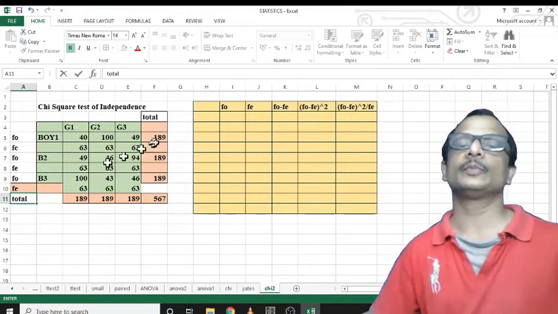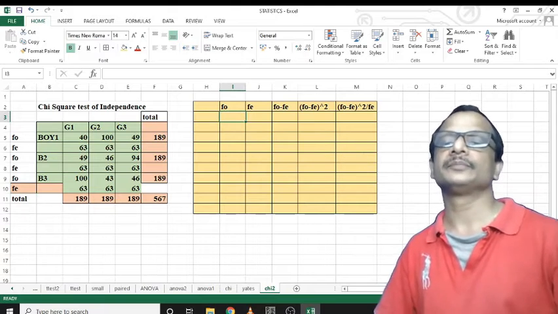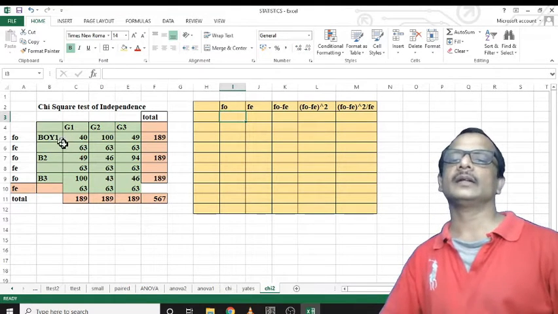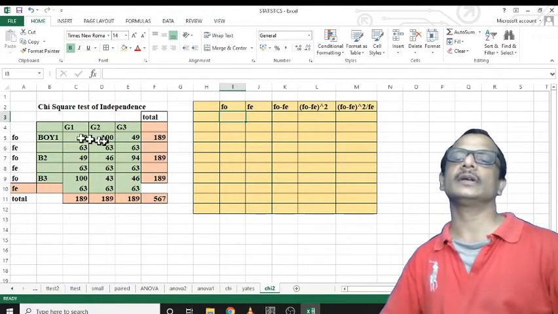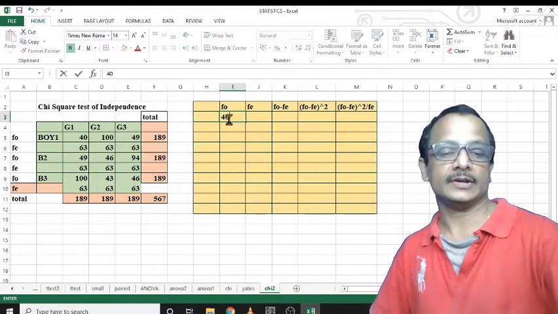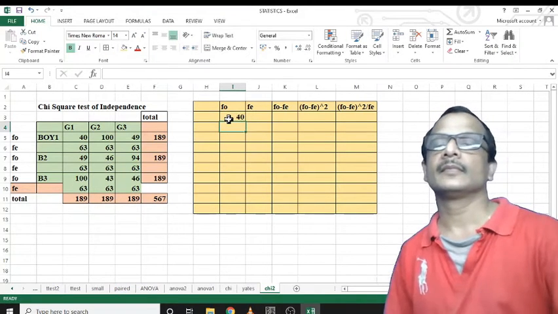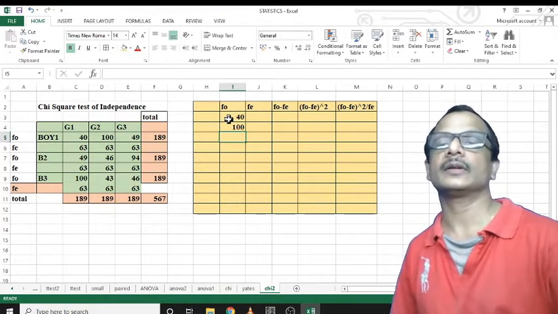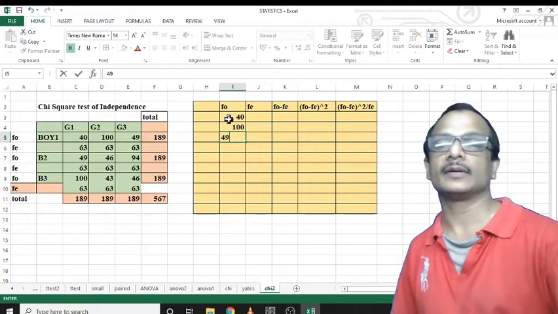Now we have to pick all these values here. I can add in this way: 40, 100, 49, 49, 46, 94. Okay, 40, 100. You can read to help me.